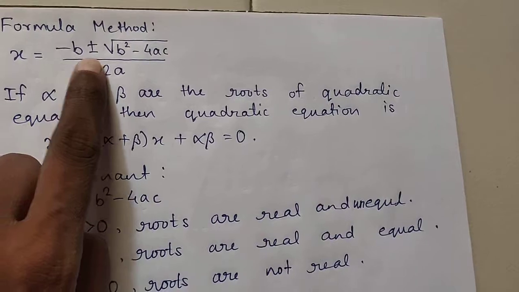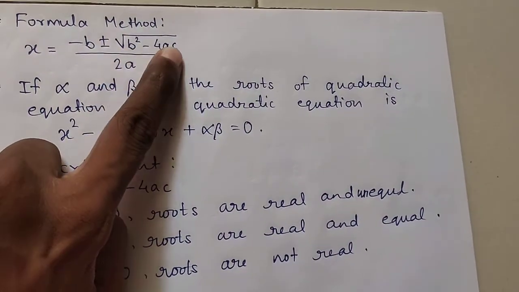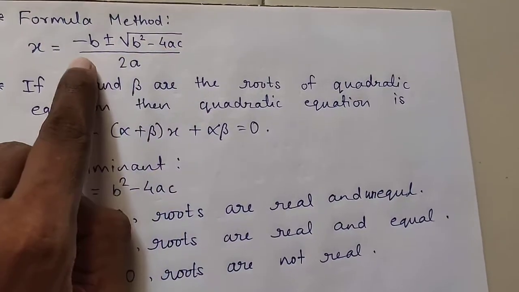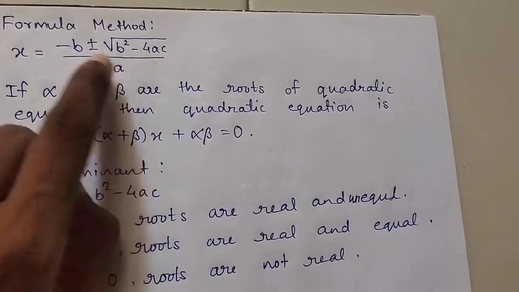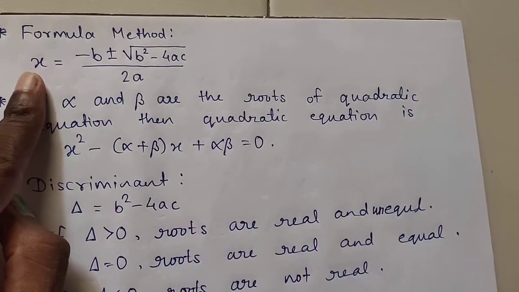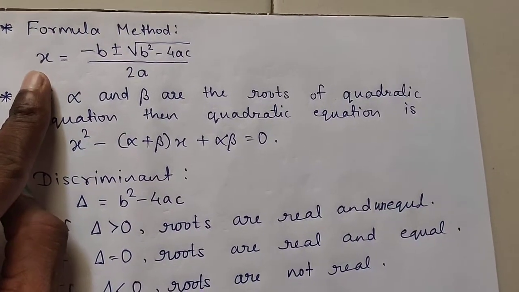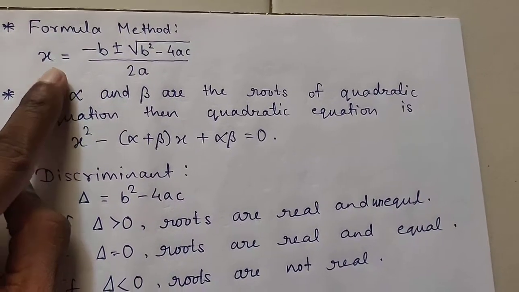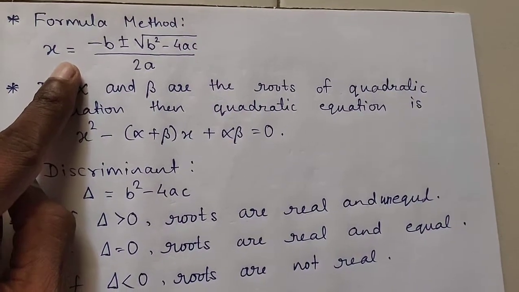Remember, your upon is from here to here. Don't put the upon just below this part. So you are going to use this formula to find your solution by the formula method.